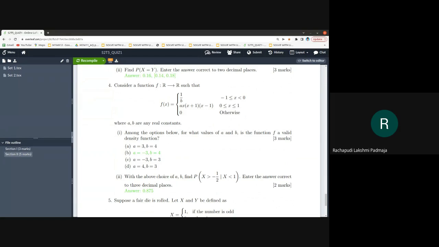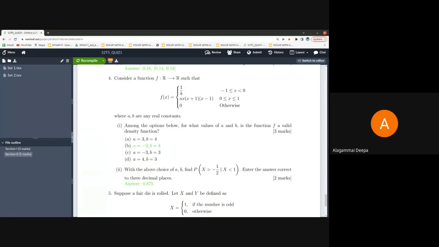Yes, sir. In order to be a valid PDF, I have made it in my PDF. Yes, sir, in the last questions I have given 2 questions, but hint is not given, sir, for integration. In the previous papers, hint was given to integrate. So I missed the integration part, sir. I interchanged the values.